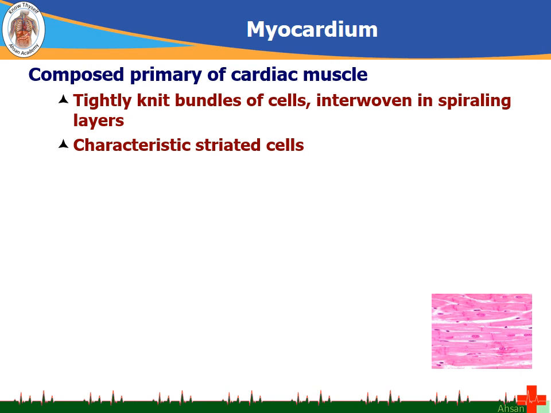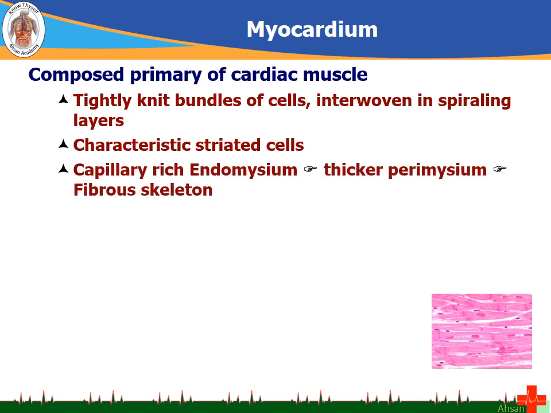Skeletal muscle and cardiac muscle both are striated, and each muscle cell is covered by a thin layer of connective tissue known as endomysium. That endomysium contains many thin capillaries, the minute blood vessels.